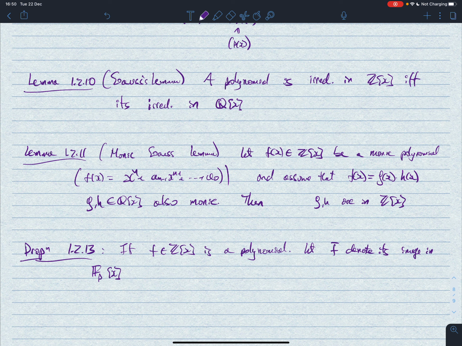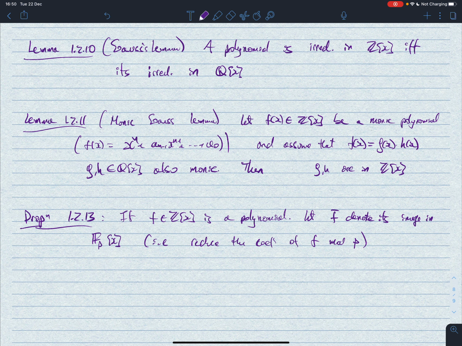So what does this mean? I.e., reduce the coefficients of f modulo p. So take a look at the coefficients and then just reduce each coefficient mod p, and that's the polynomial that I'm denoting f bar.